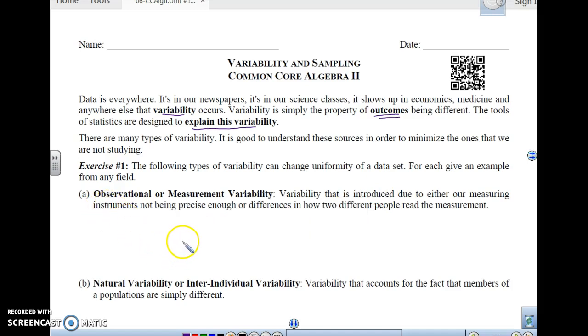All right, the first kind of variability is observational or measurement variability. That is variability that is introduced due to either our measuring instruments not being precise enough or differences in how two different people read the measurement.